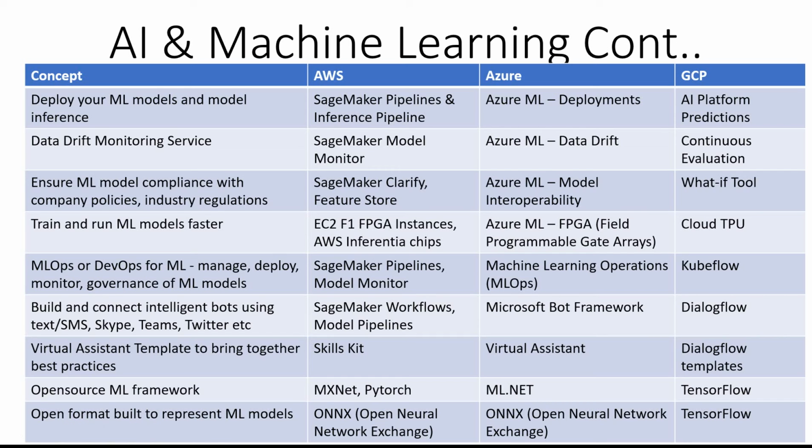Next is an open format for building ML models, because every company is generating ML models these days. So an open format has come to standardize ML models. A consortium of many companies came together to come up with an open format template for ML models.